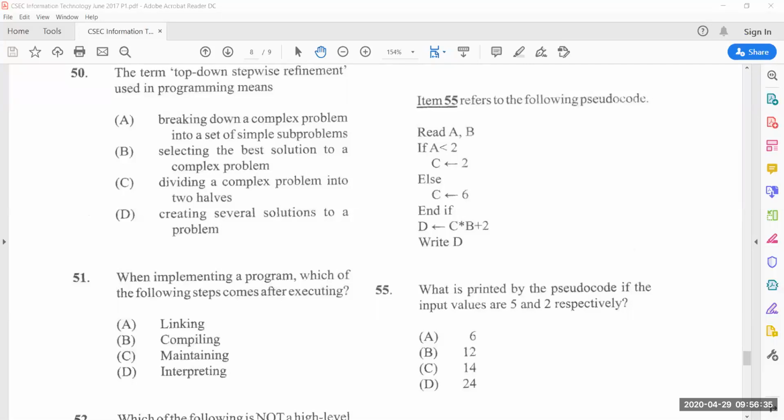What about Vikash? Vikash, are you there? Yes, sir. Vikash, what do you have for number 55? What do you think the answer of 55 is? I honestly don't know. All right. Would someone like to open the mic and tell me what answer they got?